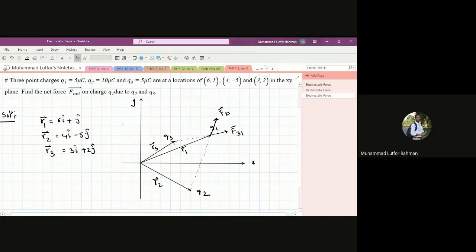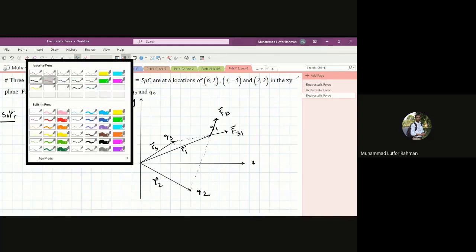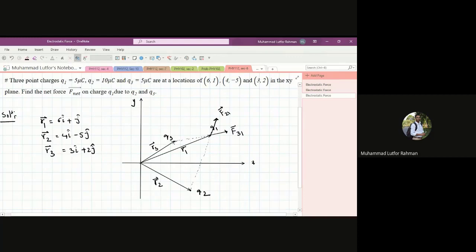But I have to know the distance, right? So this is the distance. I should use different colors so that I can understand. I have to know the distance between charges 1 and 3, and also the distance between charges 1 and 2.